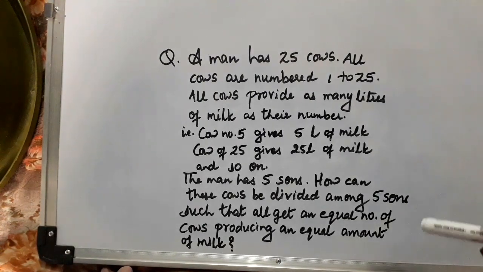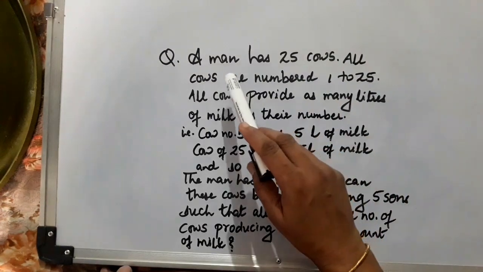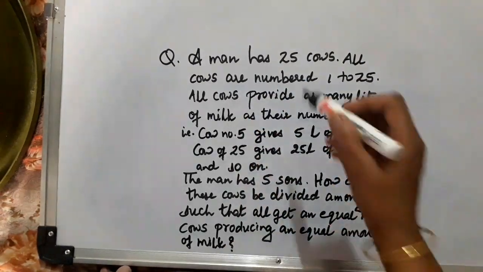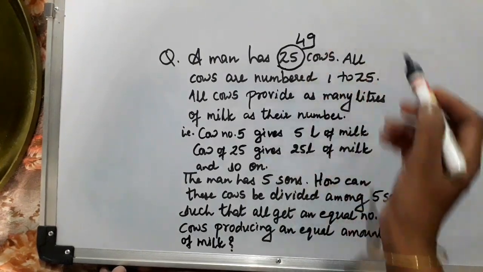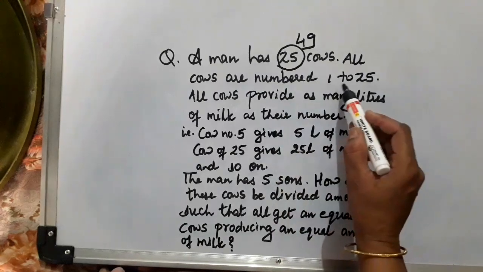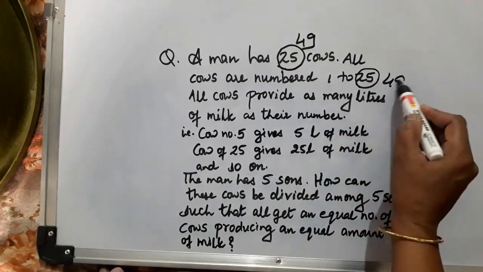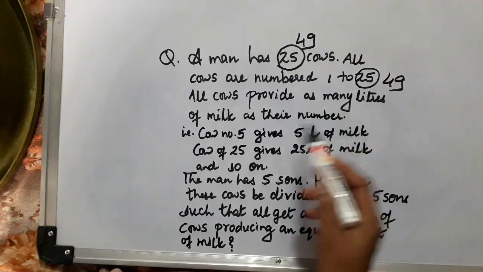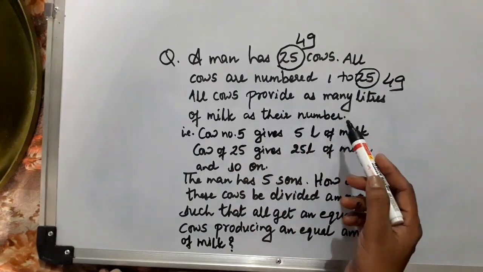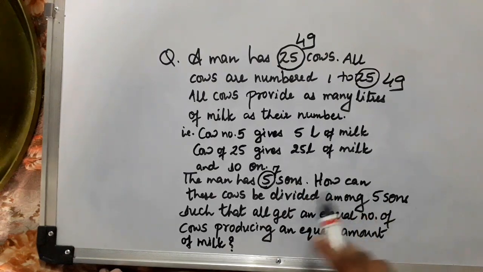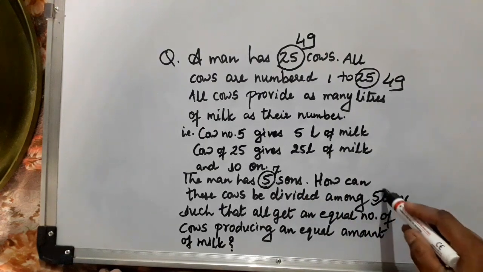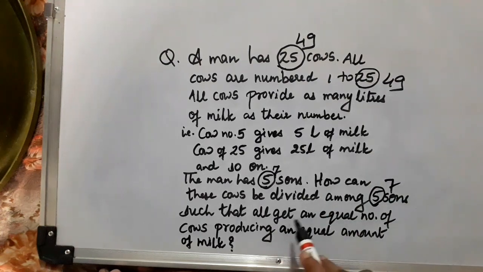You may have changes: instead of 25, you may have say 49 cows. All cows are numbered from 1 to 49 and they provide as many liters of milk as their number. And the man has 7 sons, and how can the cows be divided among 7 sons such that all get an equal number of cows producing an equal amount of milk?